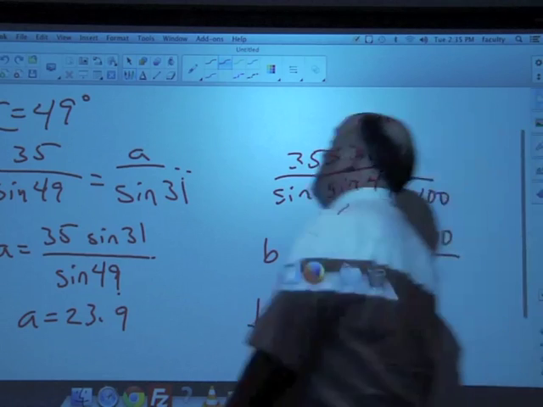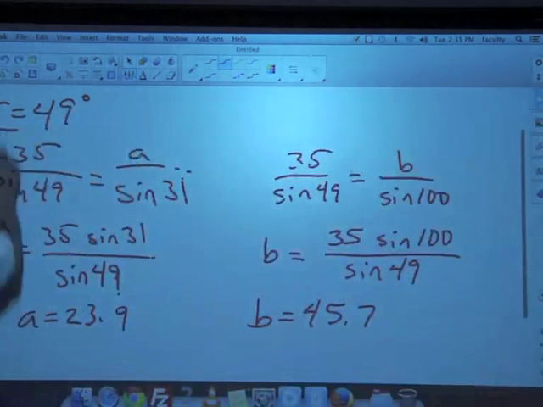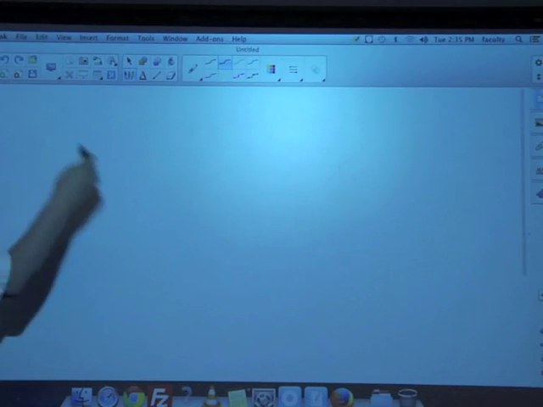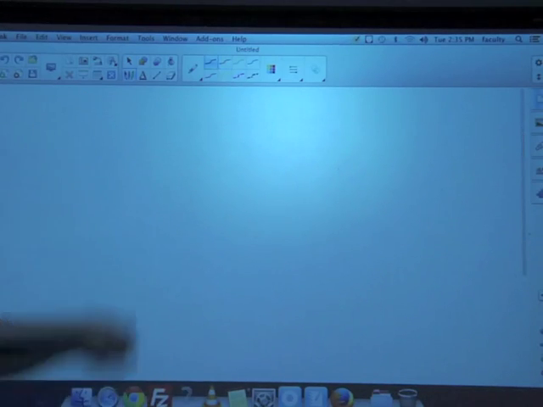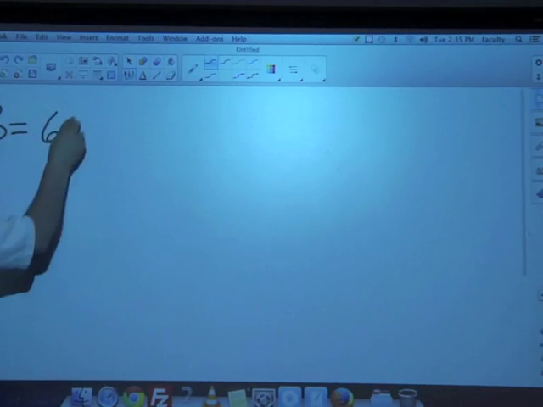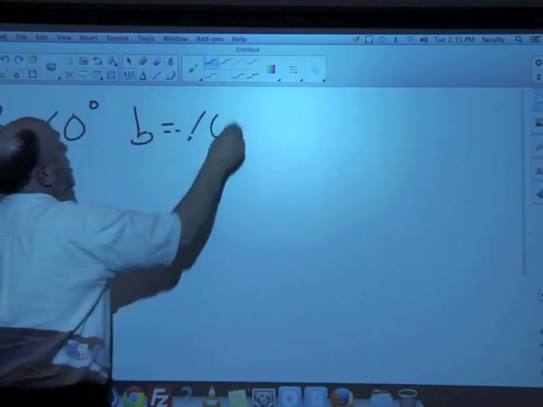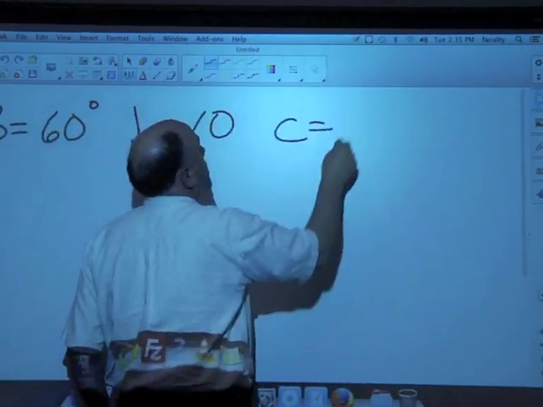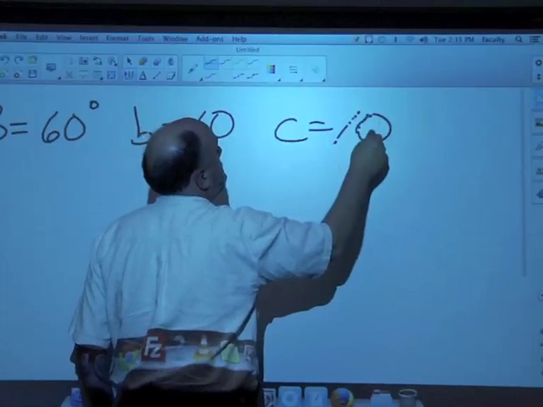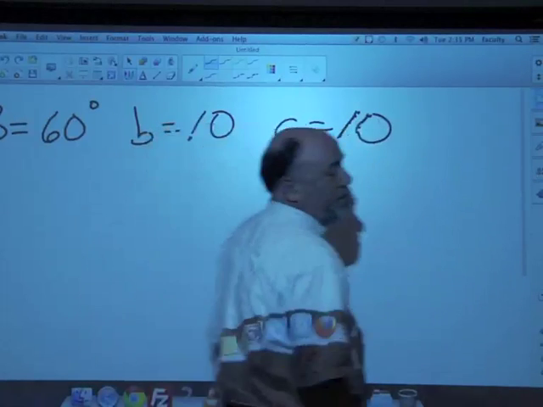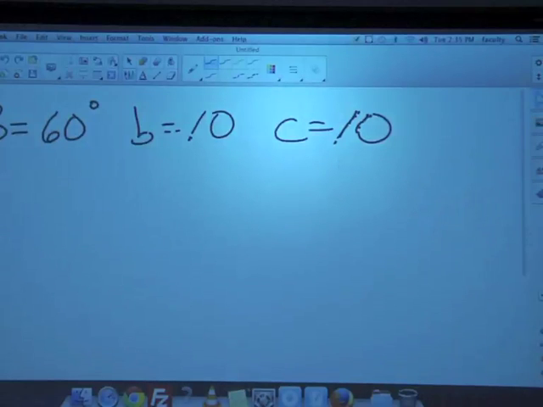How about this one? Everybody take a moment. Tell me what the other two angles are and the missing side's going to be.